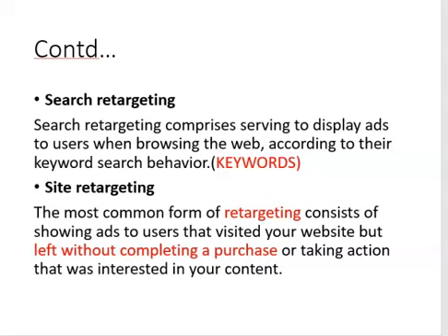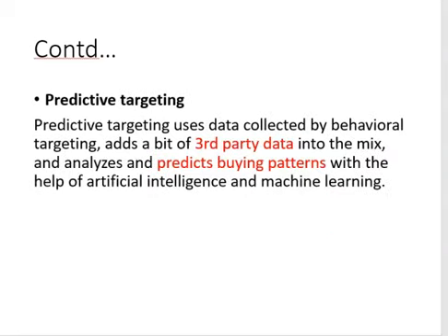And the next thing is predictive targeting. In the case of predictive targeting, the company always tries to use the data collected using behavior targeting, and it will add a bit of third party data into the mix and analyze and predict the buying pattern with the help of artificial intelligence and machine learning, which are very much essential in display advertising to understand in what situation the customer is going to purchase this particular product.